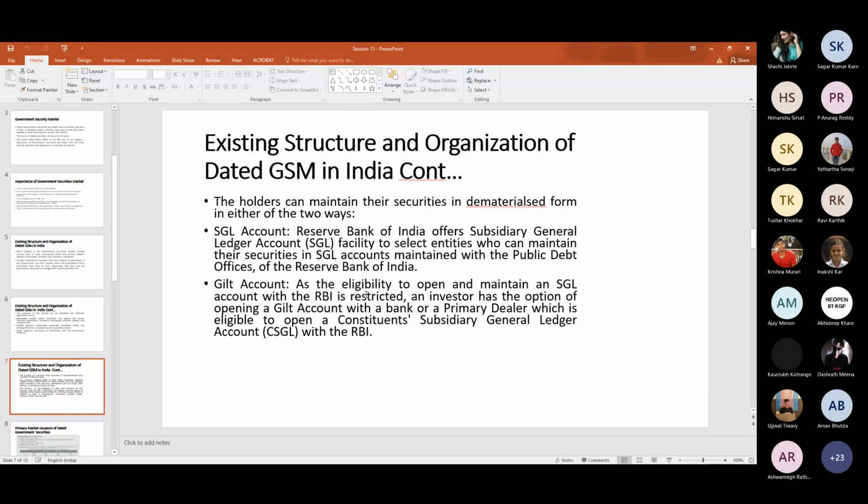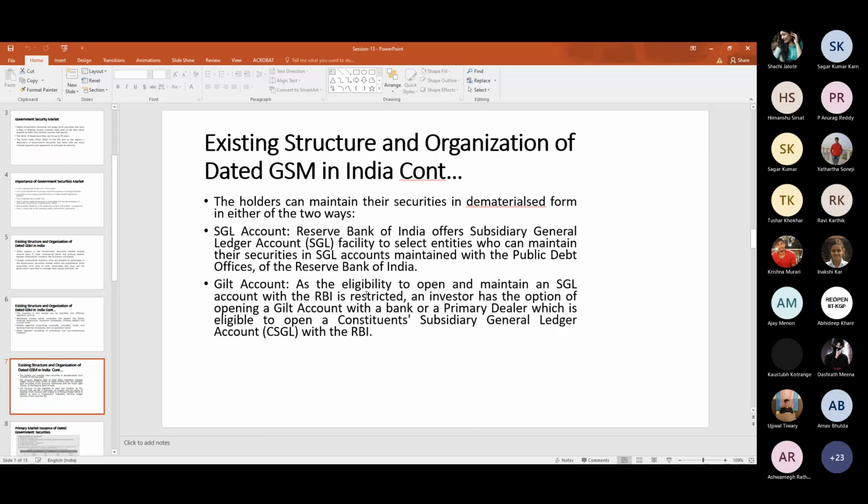Generally, banks and other kinds of entities are allowed to open this SGL account. So the eligibility to open and maintain an SGL account with RBI is restricted. The investor has the option of opening a gilt account with a bank or primary dealer.